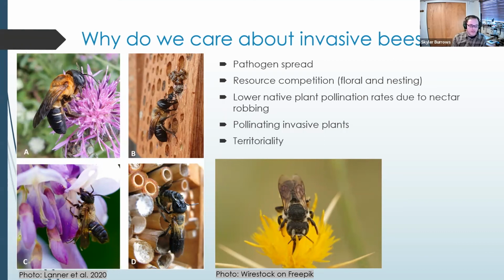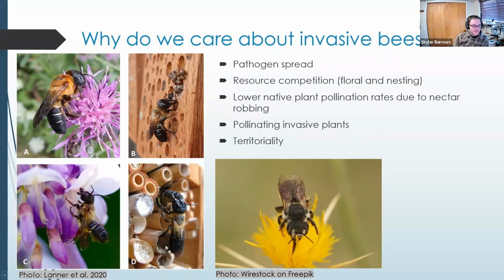So if you go and find pithy stems, you can use raspberry stems, you can use anything up in the canyon that has that easy to hollow out center. If you just cut those into like a foot long length and put them somewhere in your yard, bees can nest in those. So I think that's what they're talking about. Yeah, so that's a good thing. But yeah, you can see that here.